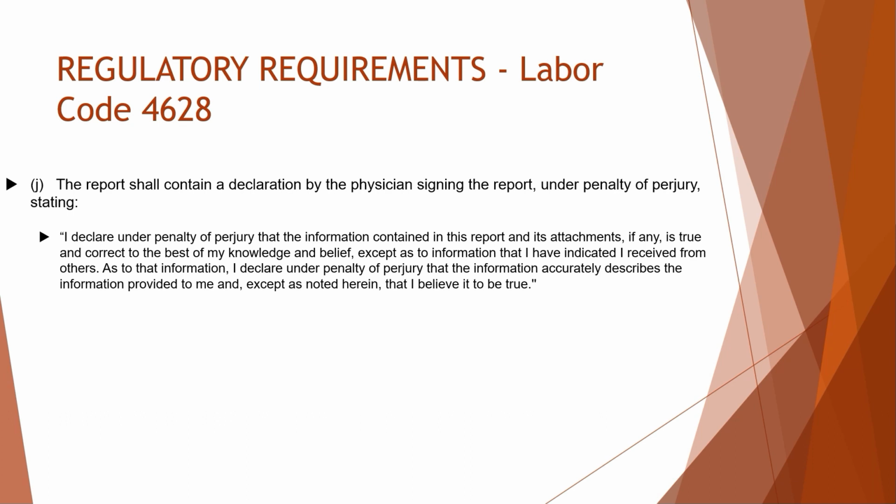In other words, could you learn information about the examinee but not declare it by omitting it in the review of records section of your report? In other words, could you inaccurately describe the information that was provided to you? Yes, you could do that, couldn't you? You could omit to admit that you received certain information, but the administrative director blocks you from doing so by having you sign this declaration, which requires that you accurately describe the information provided to you.